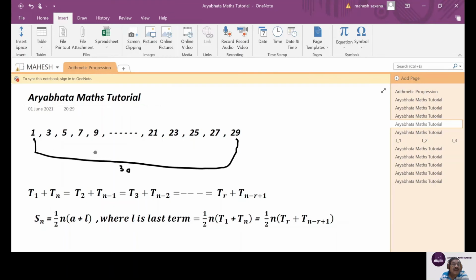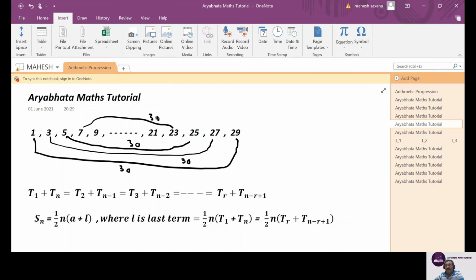Similarly, if we add 3 plus 27, it is also 30. If we add 5 plus 25, it is also 30. Similarly, 7 plus 23 is also 30, and so on.